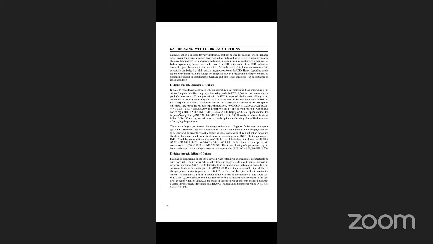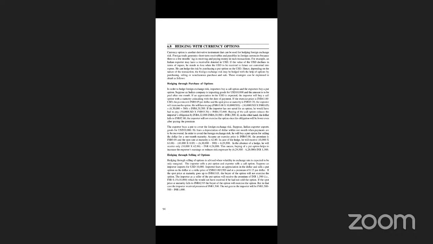Then hedging with currency options. Currency option is another derivative instrument. Yesterday also, under chapter 5, we learned about various currency options and hedging of currency options. Again, we have various options here, which is a derivative used for hedging foreign exchange risk.